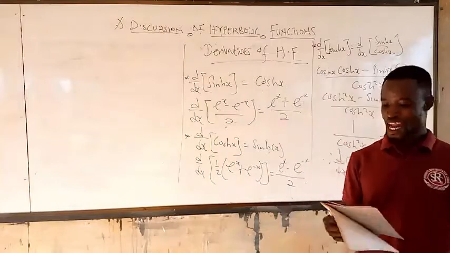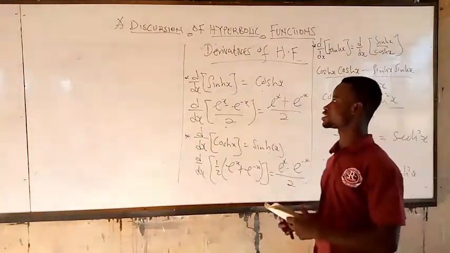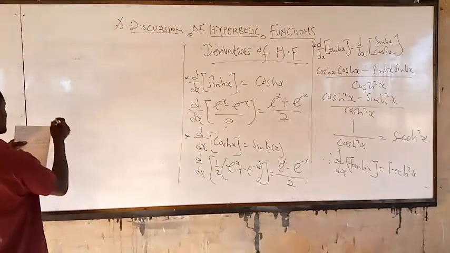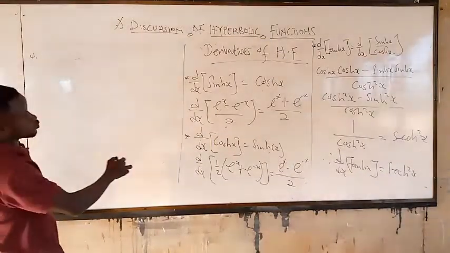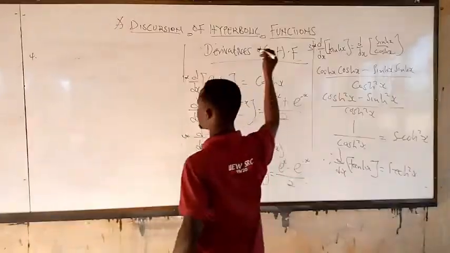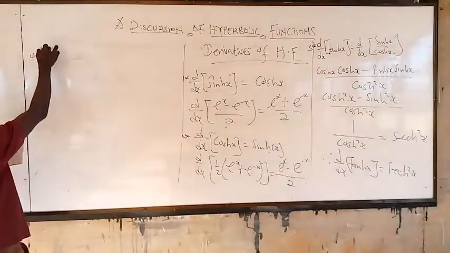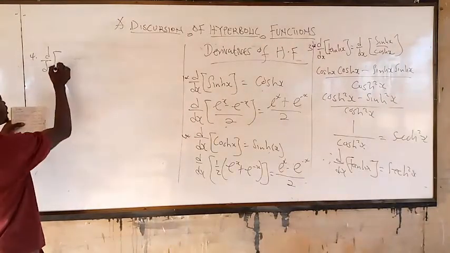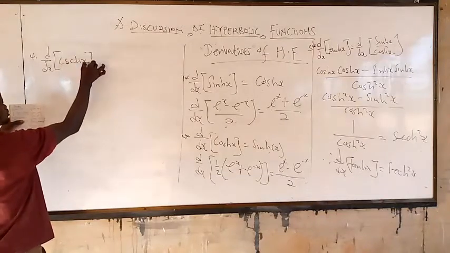Beautiful. Let me give you the table of differentiation. The table of differentiation. Straightforward. So this is 1. This is 2. This is 3. 4. When you take the derivative, that is the reciprocal identity of cosh.